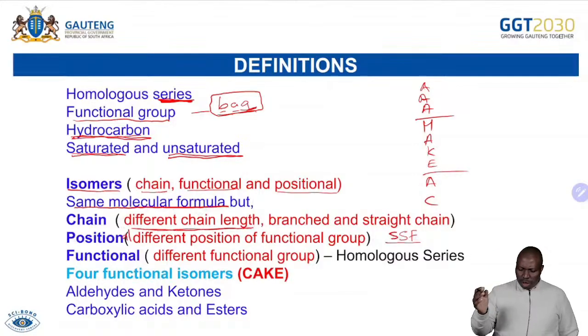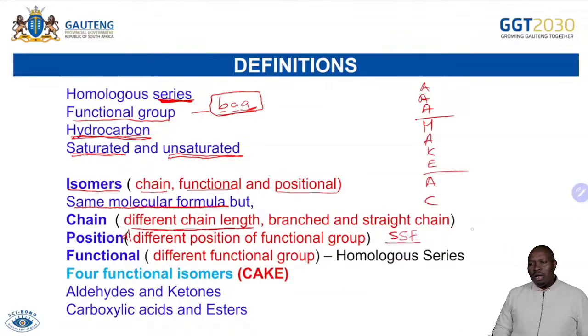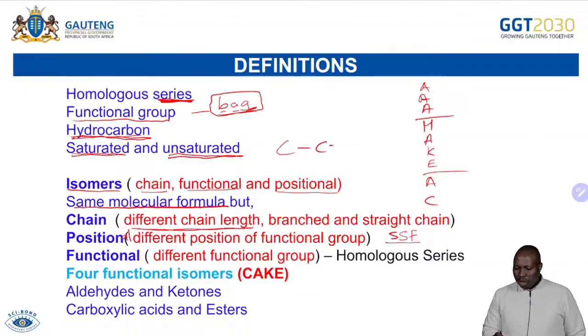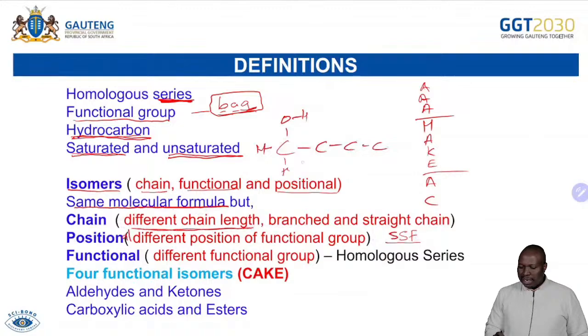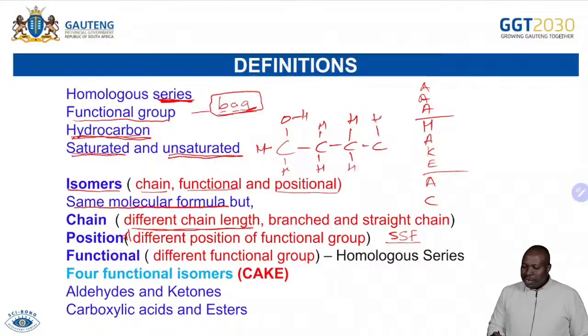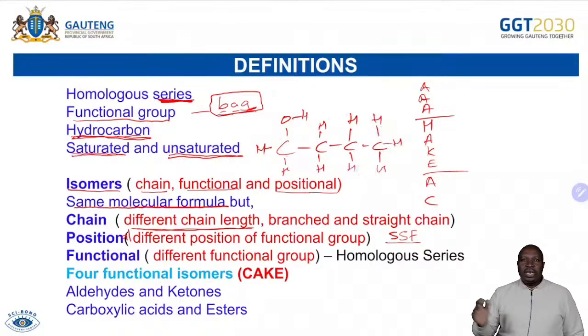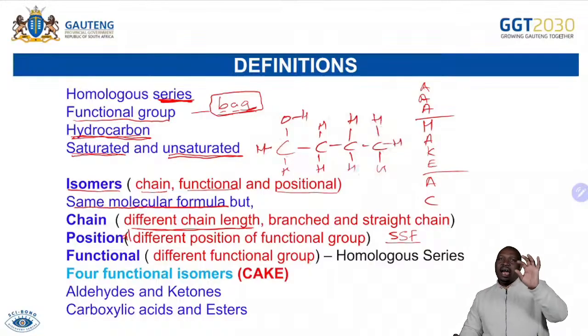So the functional group can be moving. For example, if I'm to give you an example, you can have an alcohol where you have the OH on carbon number 1, and if it's 4 carbons like that, that will be butan-1-ol. But we can move the OH to carbon number 2, then it becomes butan-2-ol. So butan-1-ol and butan-2-ol are positional isomers.